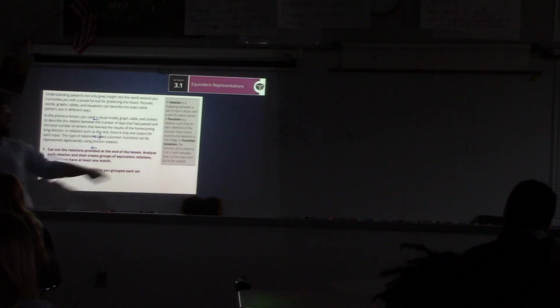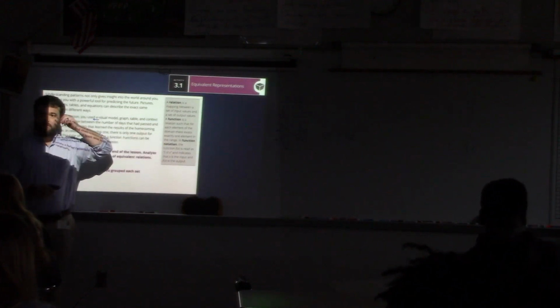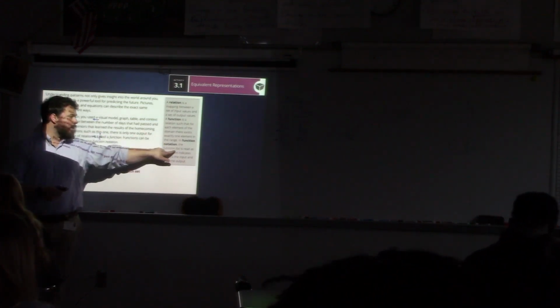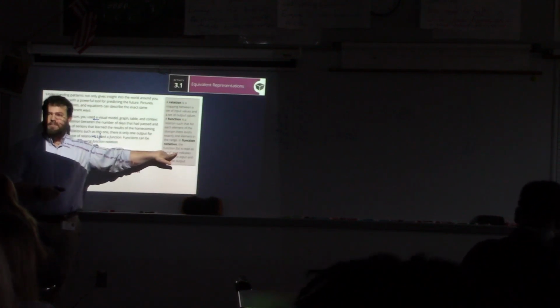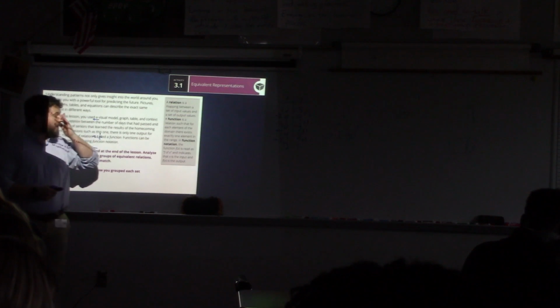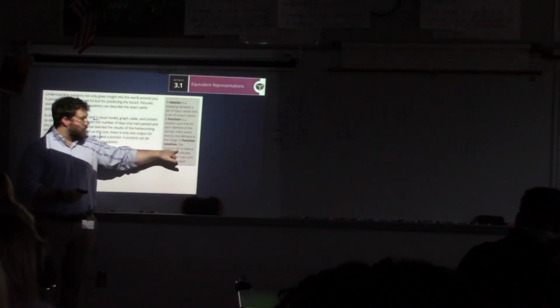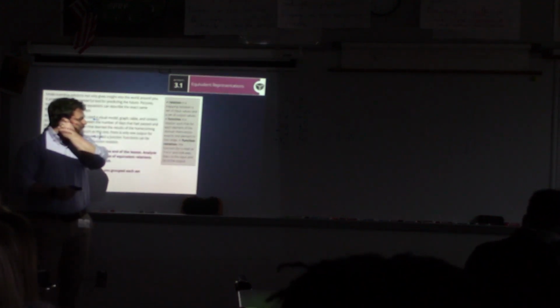Oh, and then please note, function notation, right? Do not ever read this as f times x, or if it's h of x, don't read it as h times x. You can use anything, but if you see f parentheses and then an input, it's f of x.